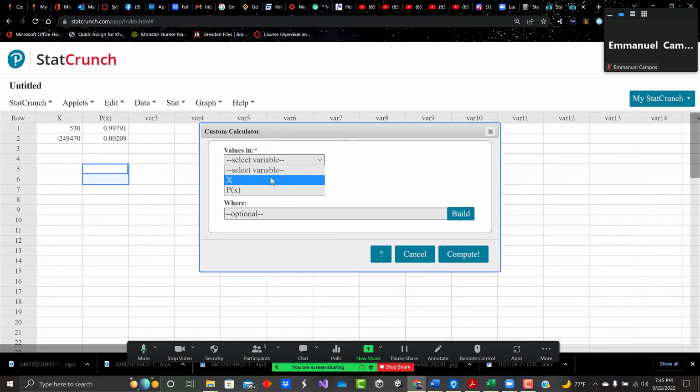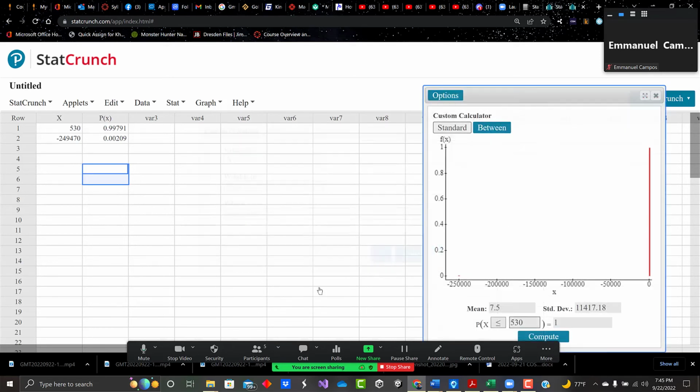We will say the values are in X and weights are in P of X. And now we hit compute.